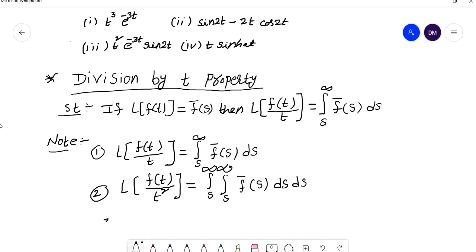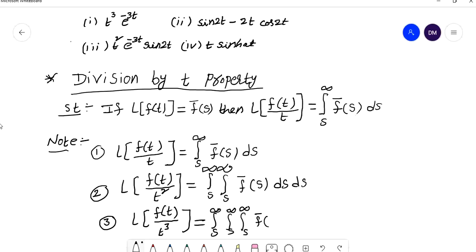Similarly, if you have t cubed in the denominator, that is called division by t cubed property, then we can write triple integral s to infinity f bar of s ds.